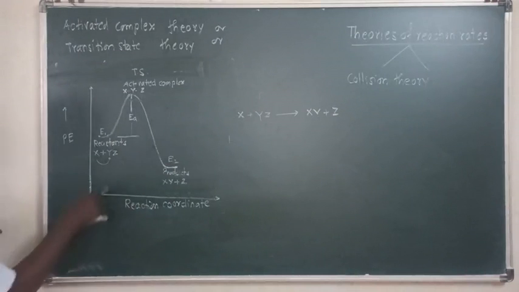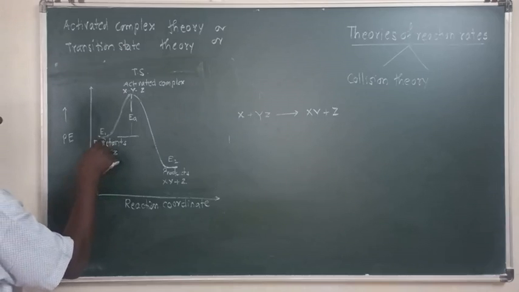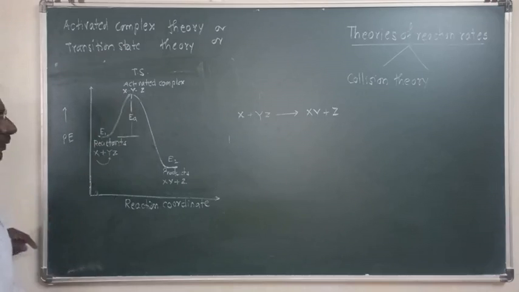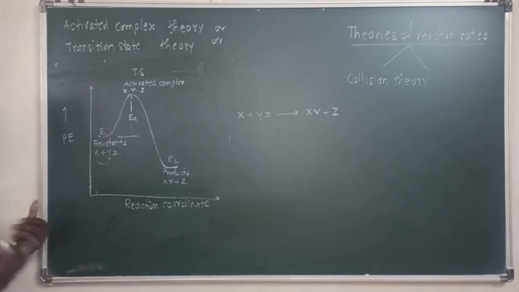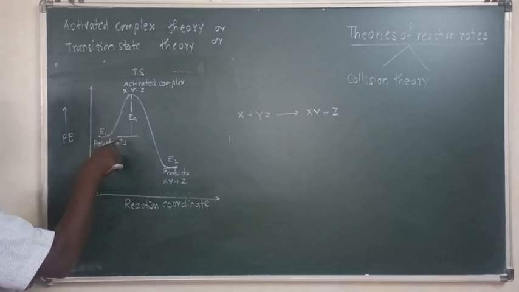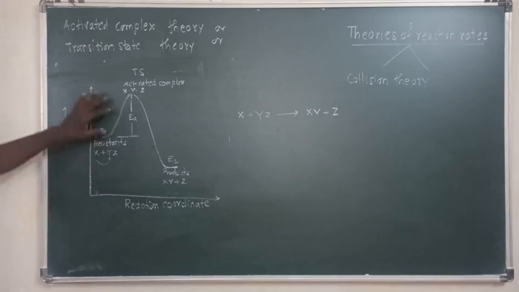The difference between the potential energy of the reactants and the activated complex is called the activation energy, or energy of activation, of the reaction. This energy must be added to the molecules in order to get them to react.